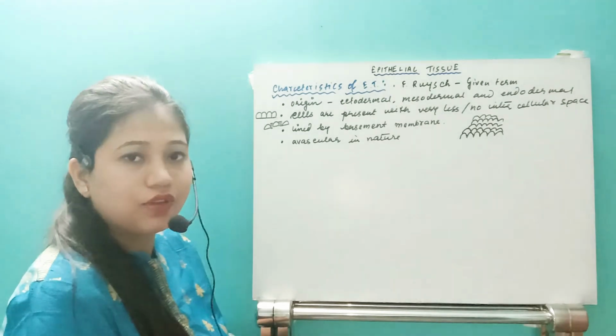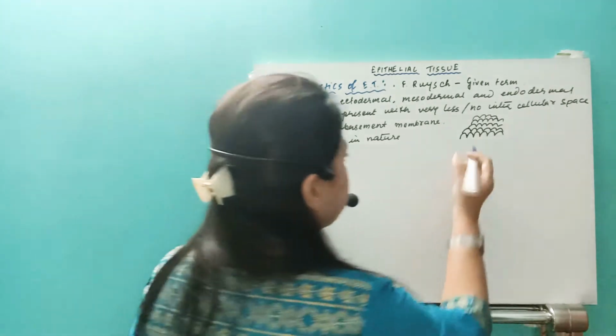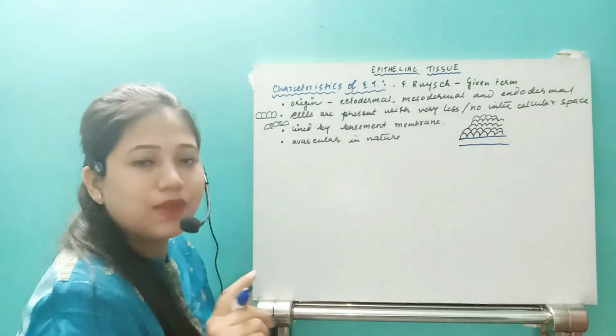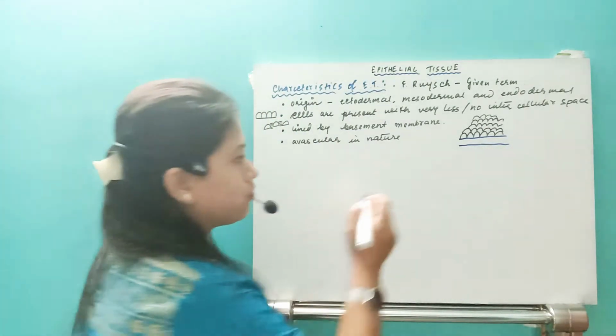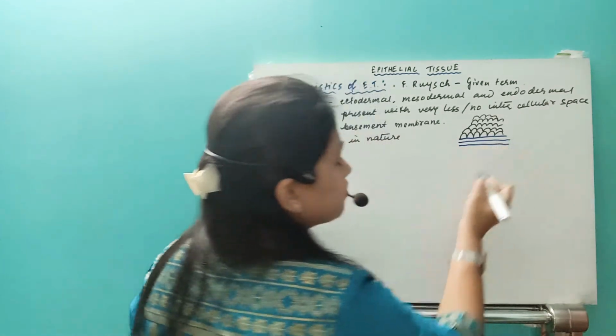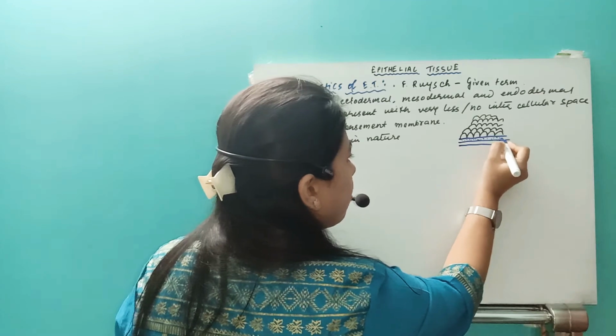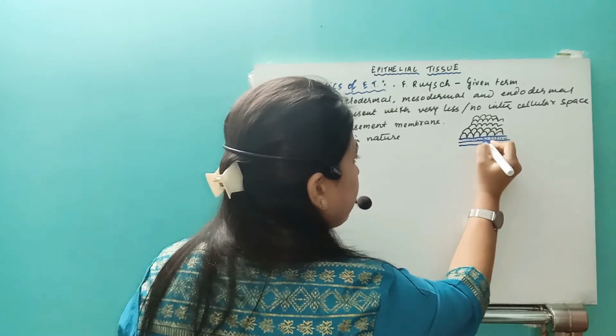Just behind that we have the basement membrane, right? This basement membrane also has two parts. What are they? Above, we have a layer of mucopolysaccharide, one type of carbohydrate.